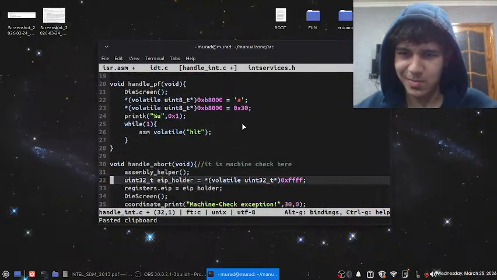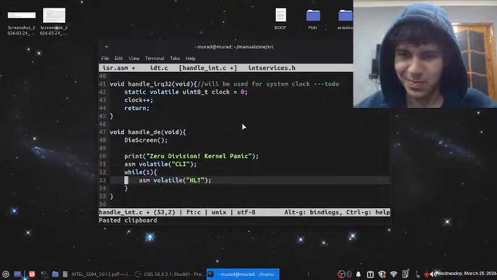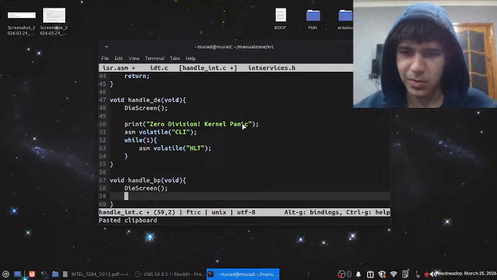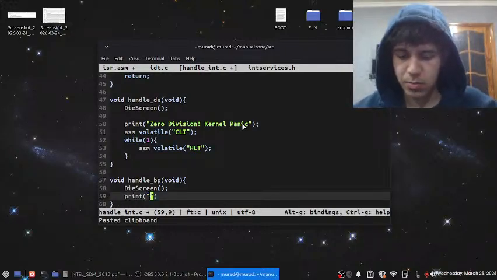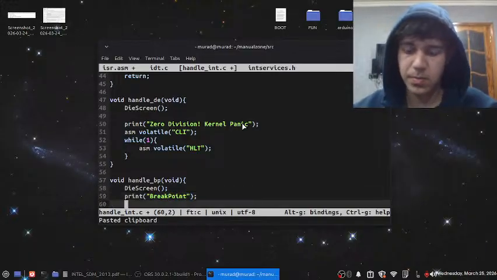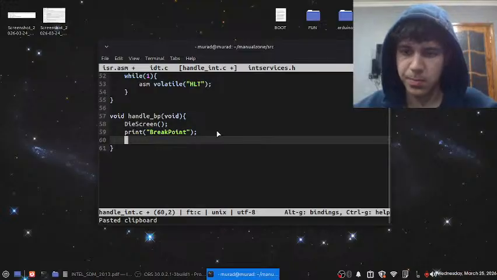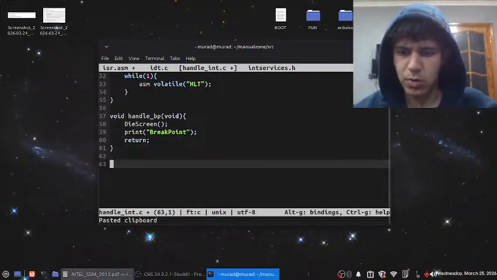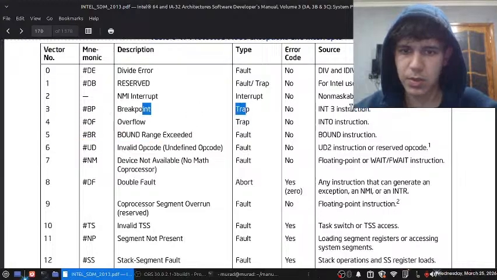Okay, handle by screen print breakpoint. Okay, return. I don't know what breakpoint does, but I will read about it.